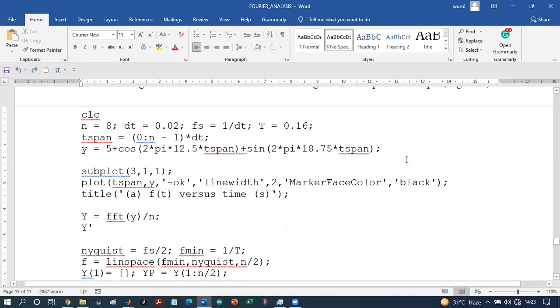So this particular function is to plot the signal.